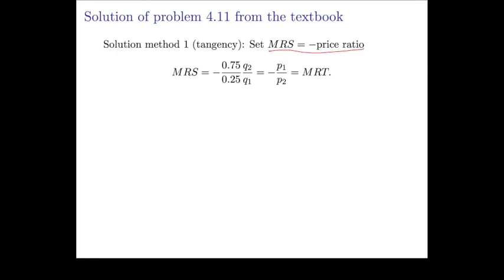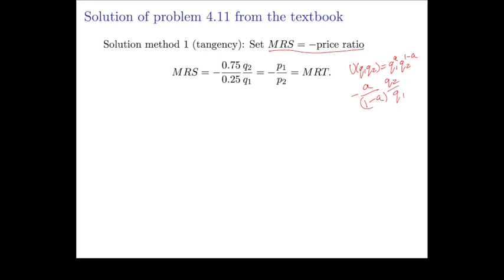If you go back, we saw that the marginal rate of substitution for Cobb-Douglas utility, so if the utility function is u of q1, q2 is q1 to the a, q2 to the 1 minus a, then the marginal rate of substitution is minus a divided by 1 minus a, q2 over q1.